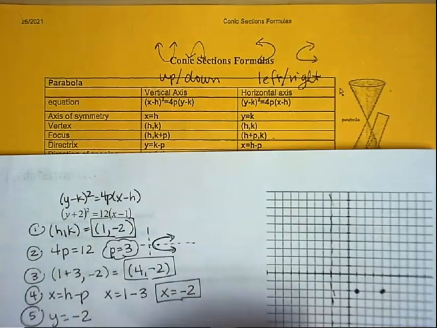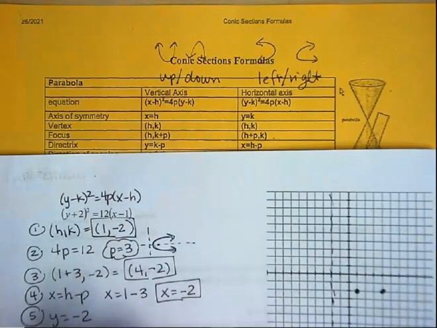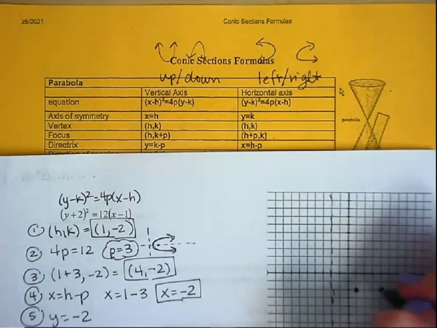And then we need to find the width from the focus. That is 2 times the absolute value of whatever p was. Absolute value of 3 is 3 times 2 is 6. Before we were counting left to right from the focus, now we're counting up and down.